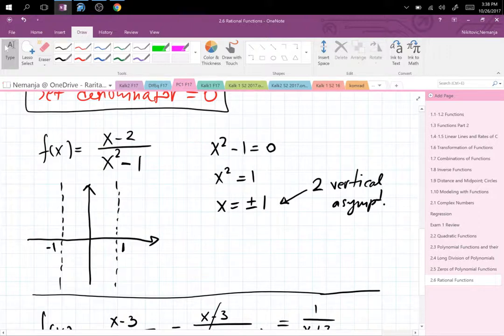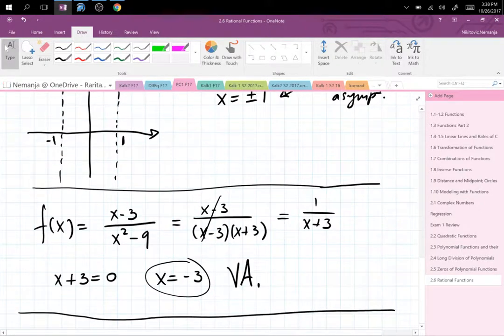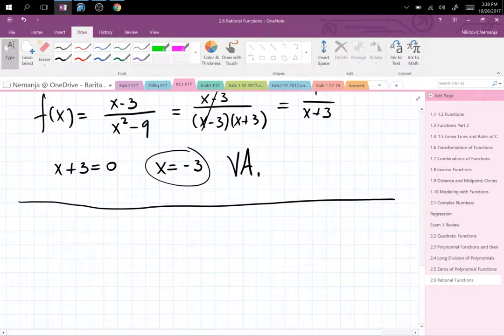How many vertical asymptotes can you have at one time? You can have any amount of them. We have examples of rational functions that have no vertical asymptotes, because when you set the denominator equal to 0, it doesn't return any answer. And that was the one with the plus that I tried to sneak in, and then I realized.